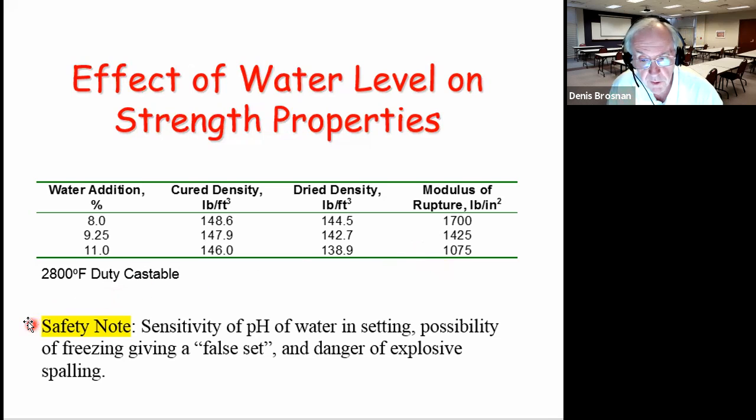Now, it's important for me to talk a little bit about some safety notes. In cold weather, or if the pH of the water is a little bit acidic, it can look like a material has set up when it really didn't. It can give a false set. It might be frozen, for example.